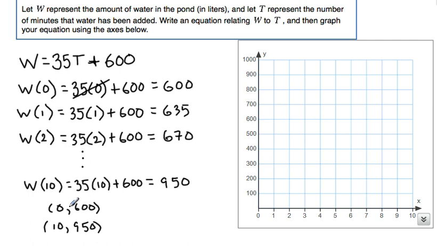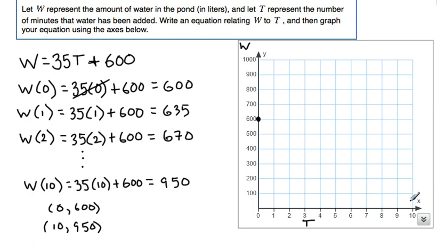Going to graph these 2 points. So 0, comma 600, I wouldn't go right or left, I would just go up to the 600 mark. The y-axis in this case represents W, that's the amount of liters in the pond. The x-axis represents the t, time in minutes.